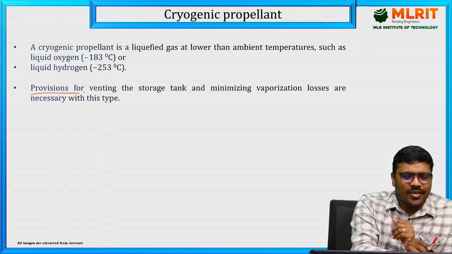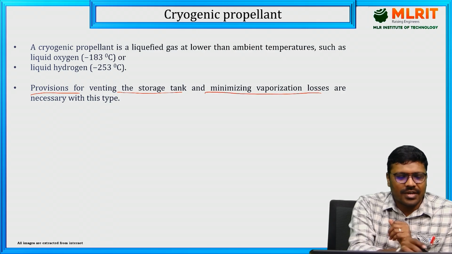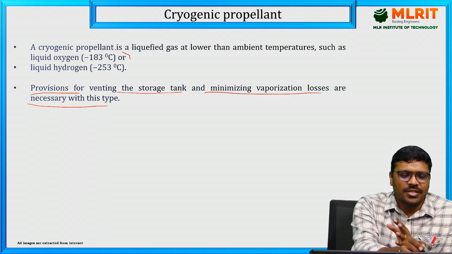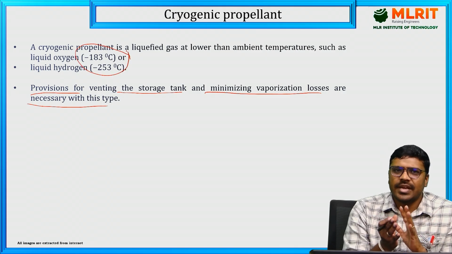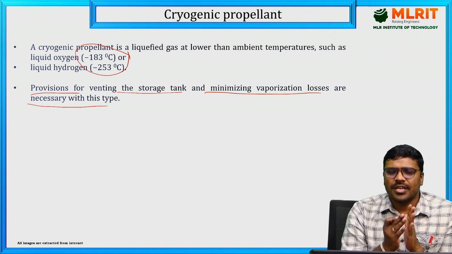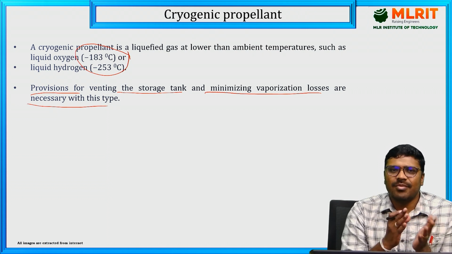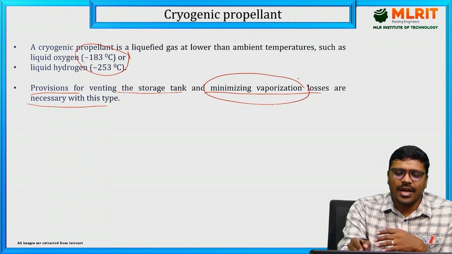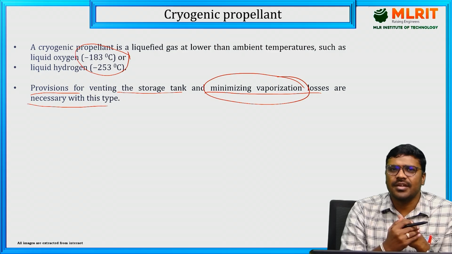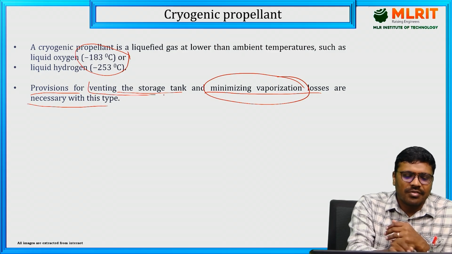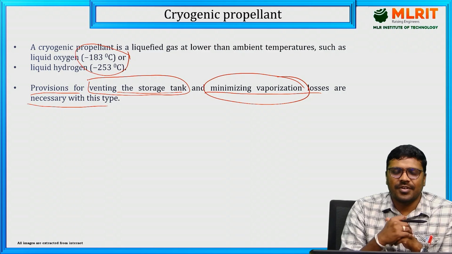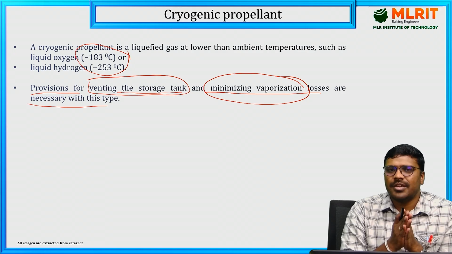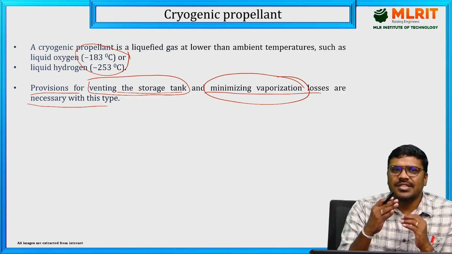Provisions for venting the storage tank and minimizing vaporization losses must be maintained in cryogenic propellants. Because the propellants are stored at very low temperatures, thermal insulation should be perfect, otherwise there will be heat transfer, the propellant temperature will rise, and vaporization is likely. Minimizing vaporization loss is a major task in cryogenic propellants, and we have to provide venting for the propellant storage tank because self-pressurization happens, and the pressure should not increase beyond the strength of the propellant tank.